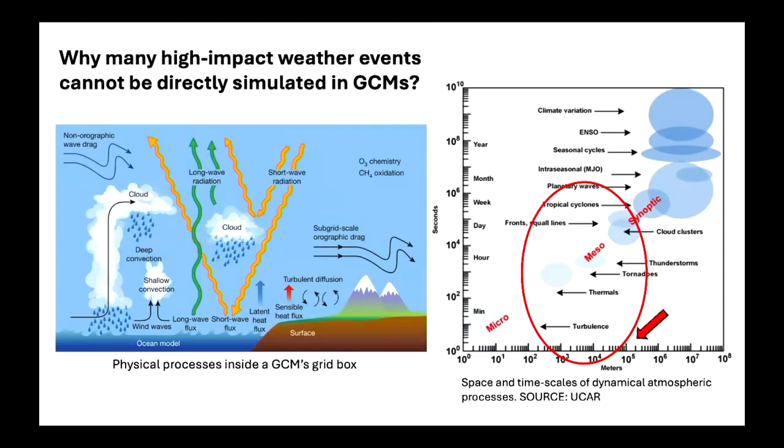You can see clearly that a lot of our high impact weather, associated with systems like tornadoes, thunderstorms and squall lines, happens at scales of a few kilometers to several tens of kilometers, right? Still much smaller than what a traditional climate model could resolve.